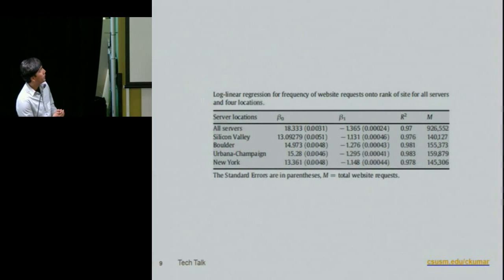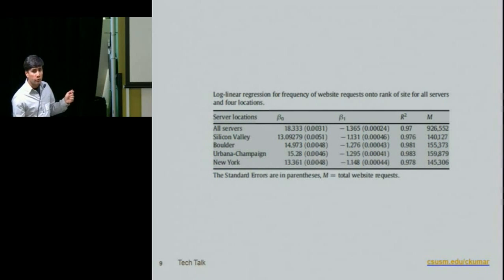So we ran regressions for frequency of website requests onto the rank of sites at both the aggregate level, that is the pooled data from all the servers, which we call all servers, surprise, surprise. And we also broke it down to the 4 individual server locations that I mentioned.